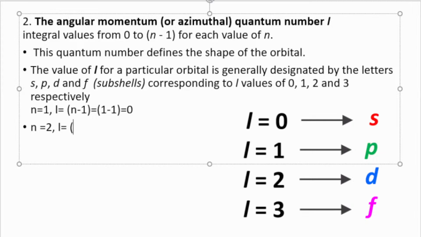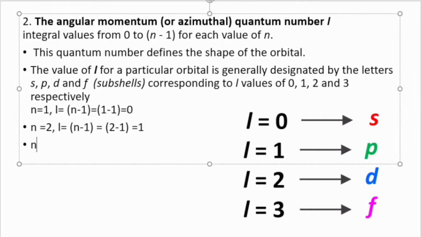It is the equation to find the shape of the orbital. We can find it as S, P, D, F. n is 2, 2 minus 1. Okay, that means it is P.